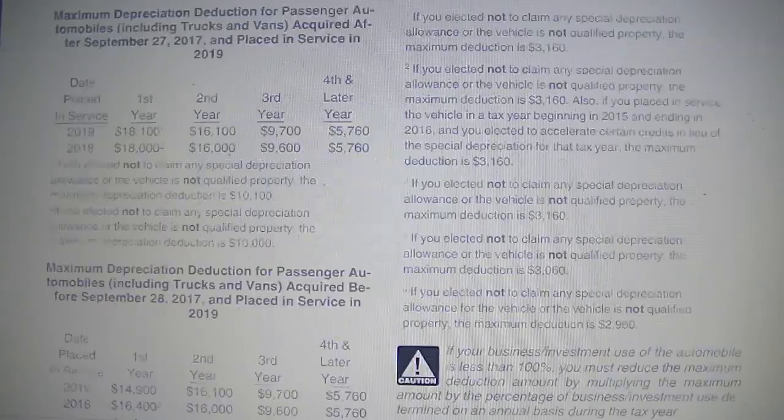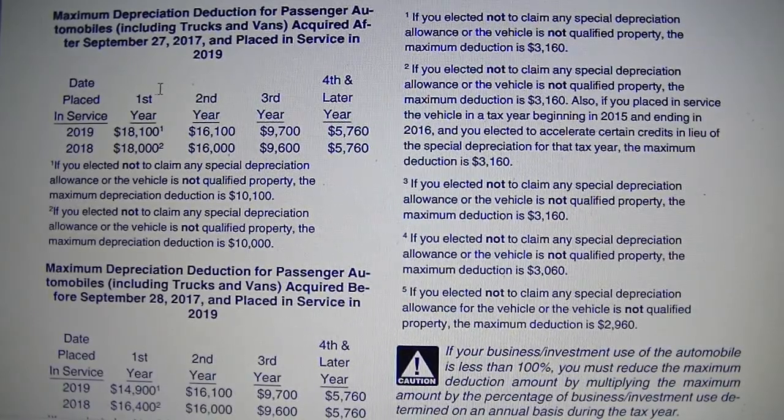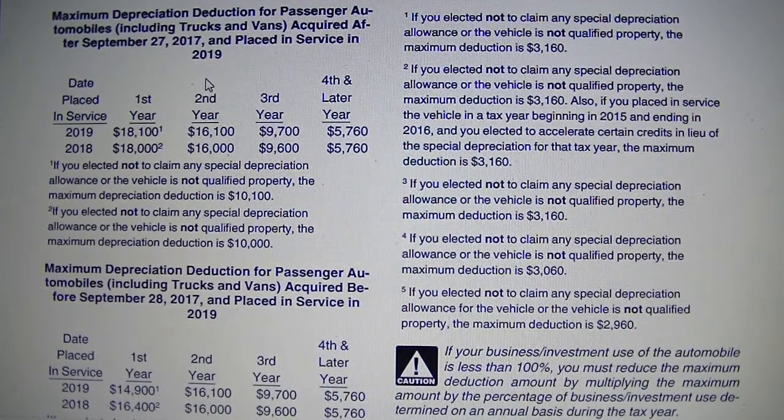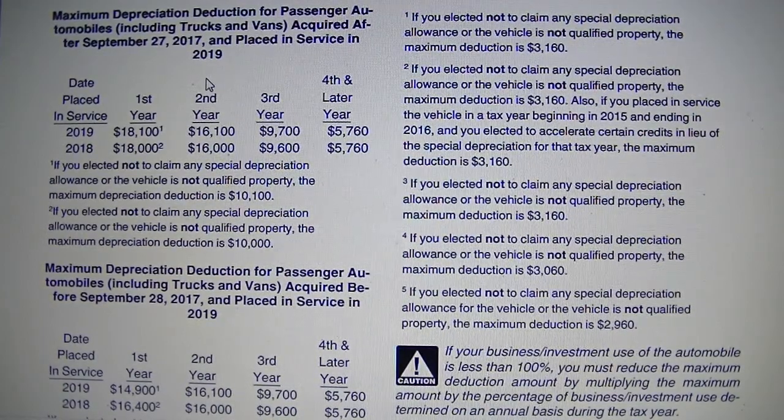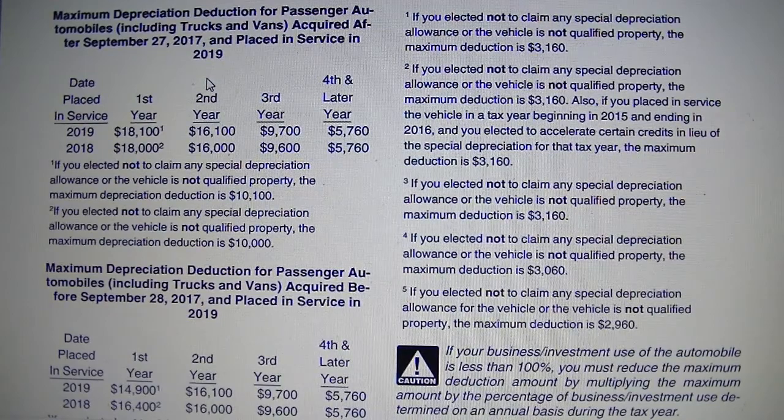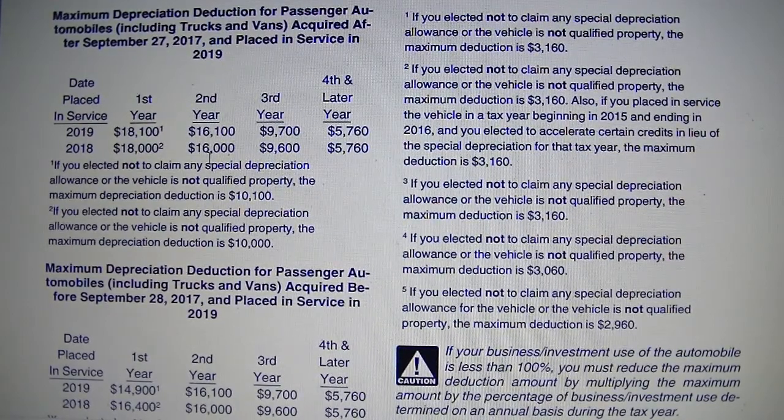This publication is for 2019. 2020 is not released yet as of February 2021, but you'll pretty much read the instructions properly.